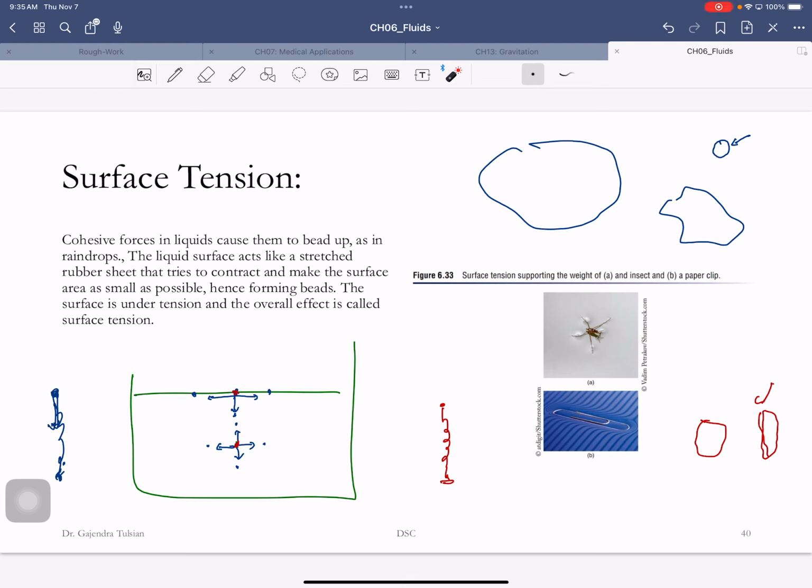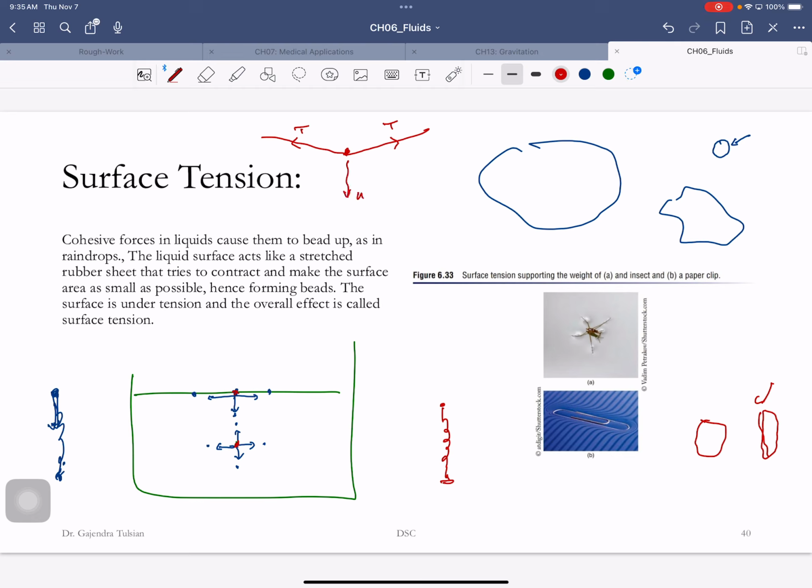And that's what's supporting this bug. So when this bug is on the surface, it's like this, and now I'm going to draw the bug like a point. The tension in the surface, we will denote by T, and here's the weight of the bug.